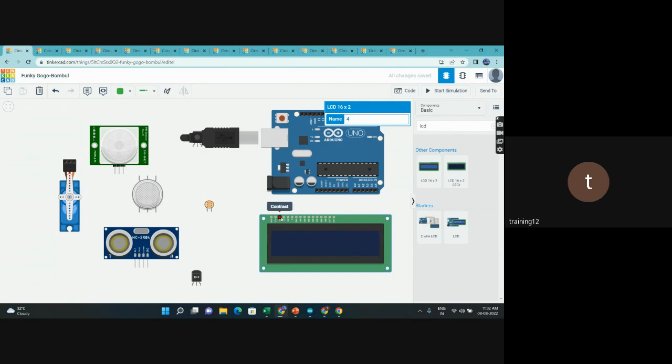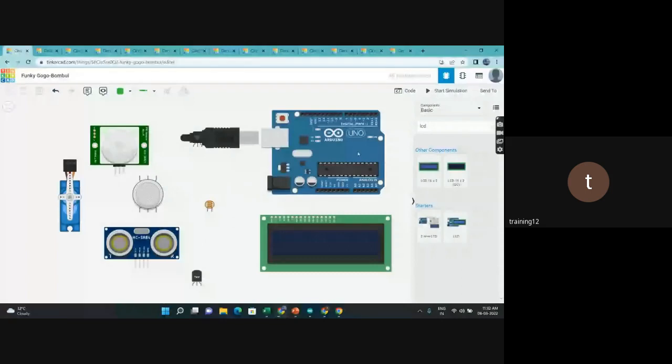The VO pin is used for controlling the brightness of the display module. And those pins are the power pin and ground pin. The power pin is connected to the 5 volt supply of the Arduino, and the ground pin is connected to the ground pin of the Arduino.